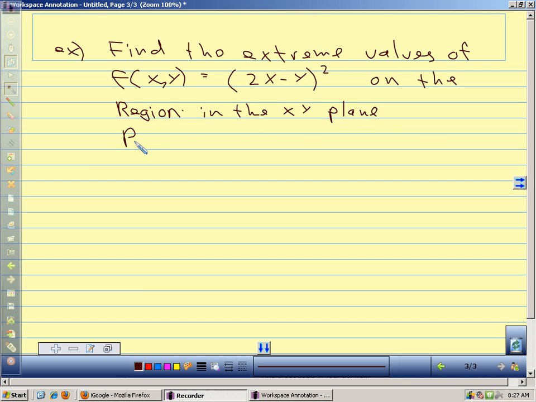So our region R is between the points (2, 0), (0, 1), and (1, 2).